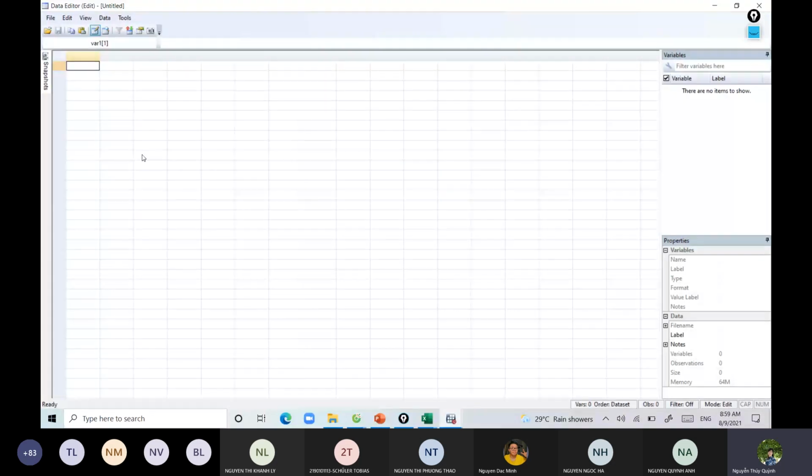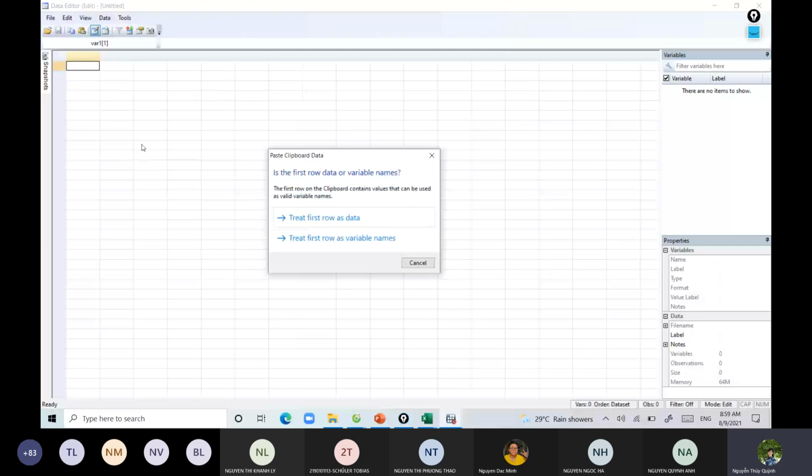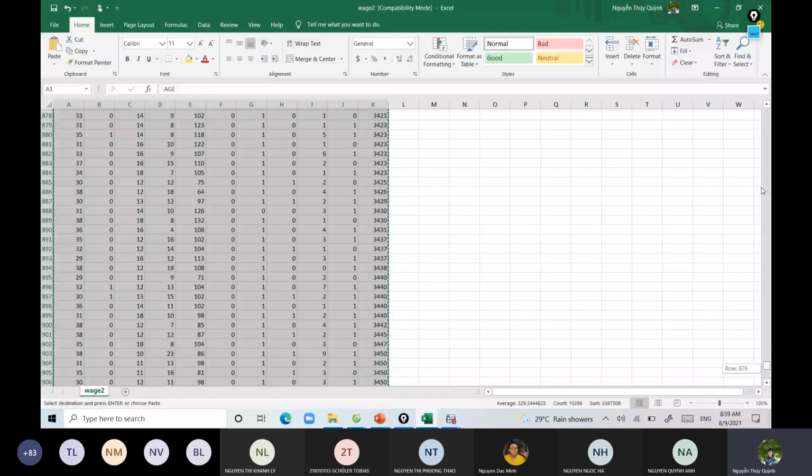Control V. A dialog is shown here. We have two options. The first one is to treat the first row as data, and the second one is to treat the first row as variable names. Look at the data that you have just copied. The first row is the variable names, is this correct?